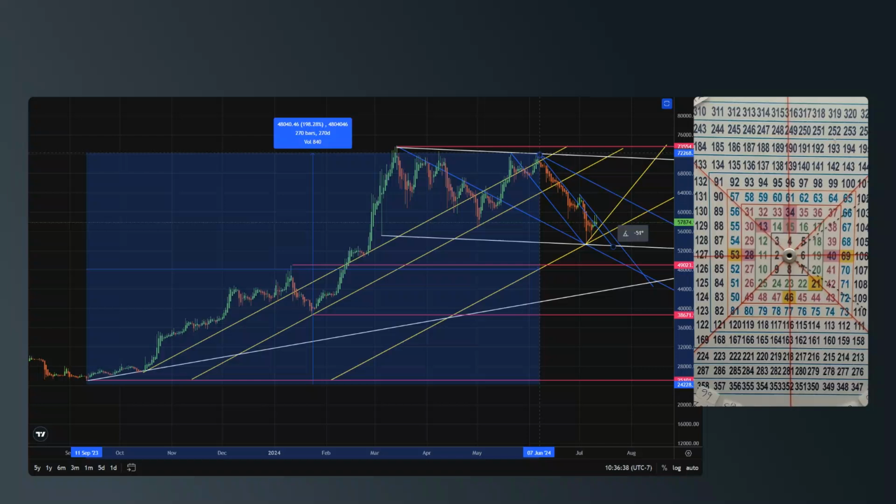Okay, continuing on, 315 would be another 45 days. July 22nd, we're expecting a low and a move up.